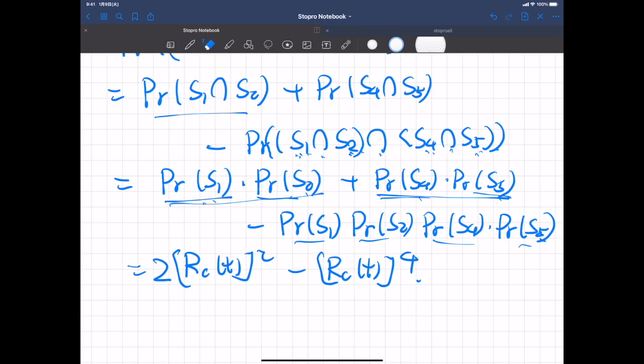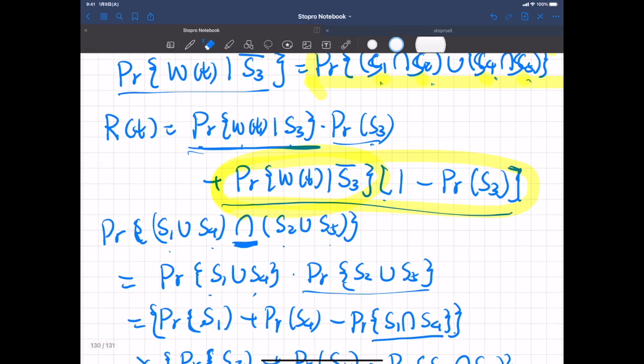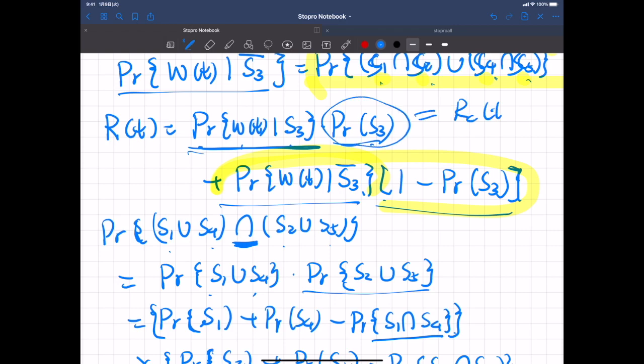Okay, so that's this conditional probability. And again, this one is RC, and this one is 1 minus RC. So we just plug in all these terms.